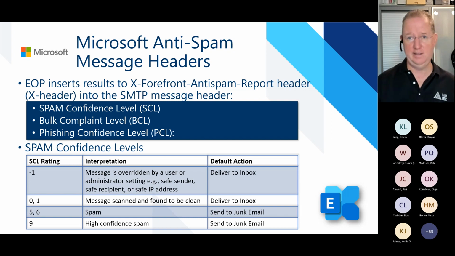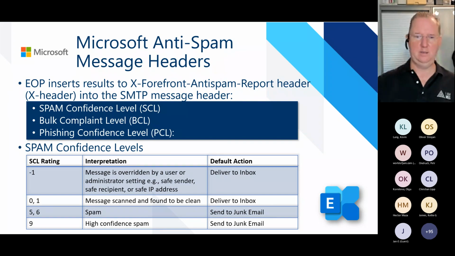confidence level, PCL. Talking about the SCL, we have a rating from -1, that's considered an internal mail or a safe sender or a safe recipient, however you define it, up to 9, and 9 indicates high confidence spam. So this should really go to quarantine or be rejected or whatever you feel is important.